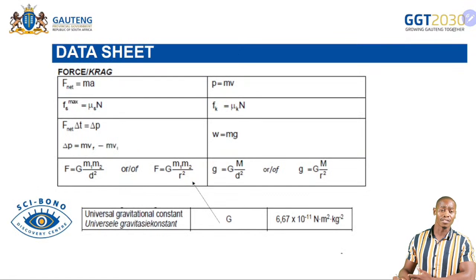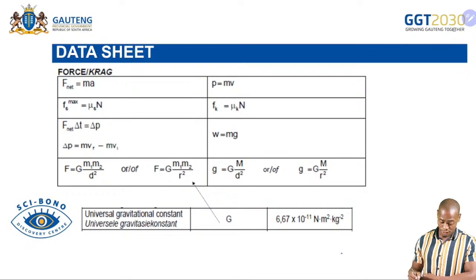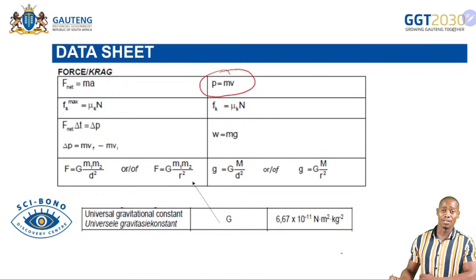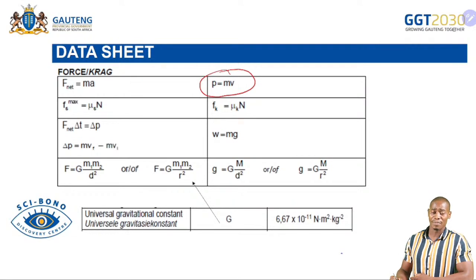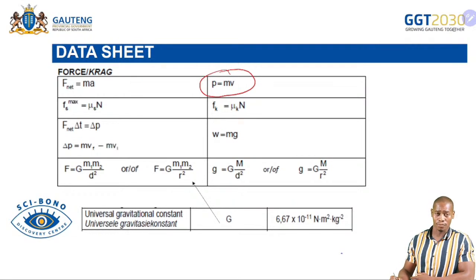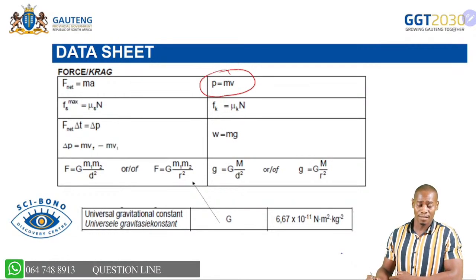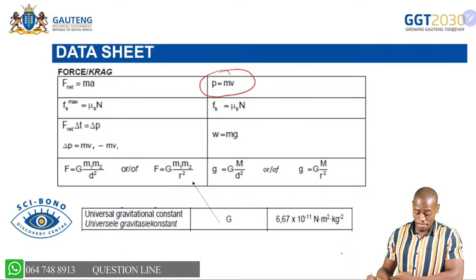So this is your data sheet. It's always there on your question papers. These are the equations that we use when it comes to momentum and impulse. One is P equals mv, where P is your momentum. And remember, momentum is a vector, so when you are calculating momentum, your answer should have both magnitude and direction.